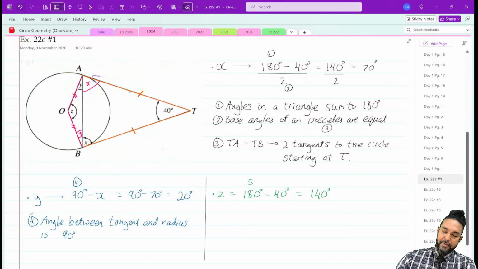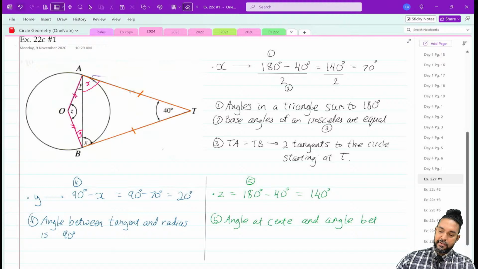And we can put a little 5, and 5 is angle at center and angle between tangents, so you could put supplementary, or you could put sum to 180, which is actually simpler to write.